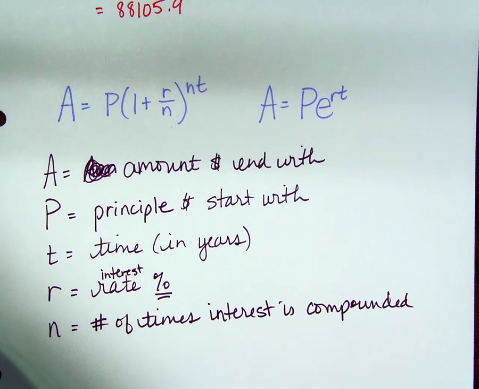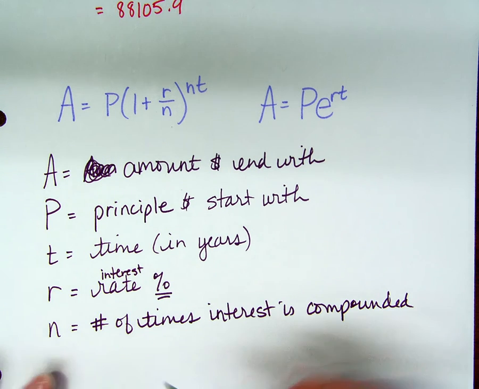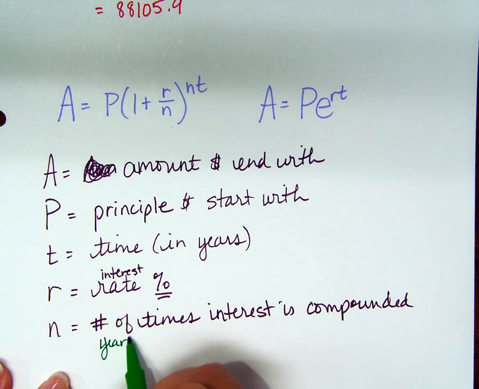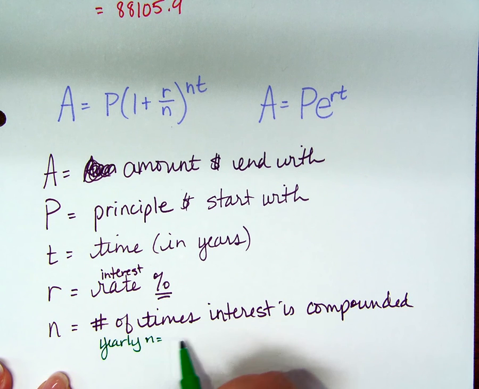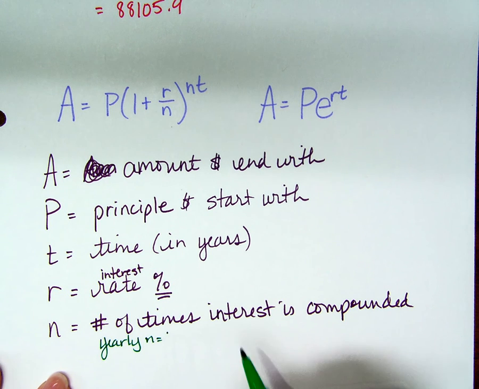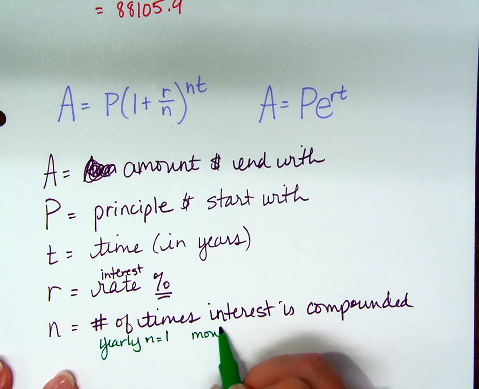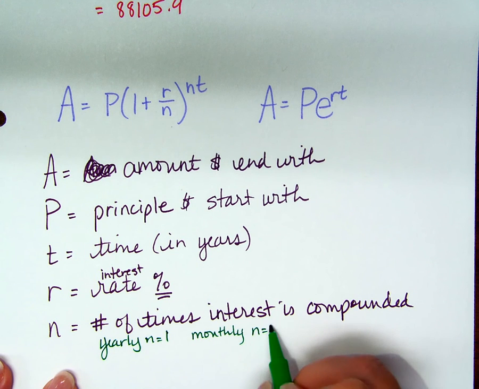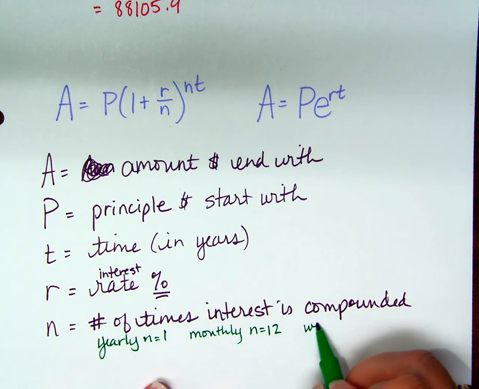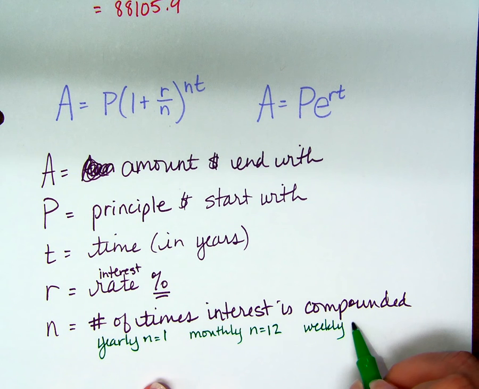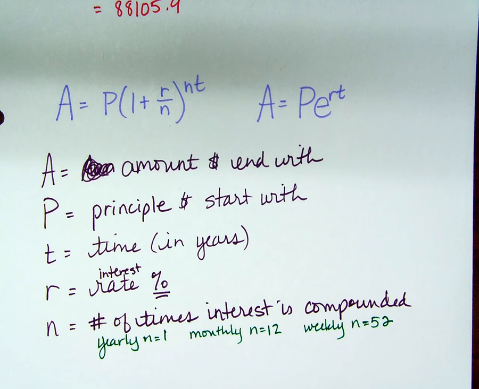So for example, if I tell you yearly, then what's n? How many times a year is yearly? 1. What if it's monthly? N would be 12. What if it's weekly? Try again. 52. How many weeks in a year? Okay. Any questions about that?